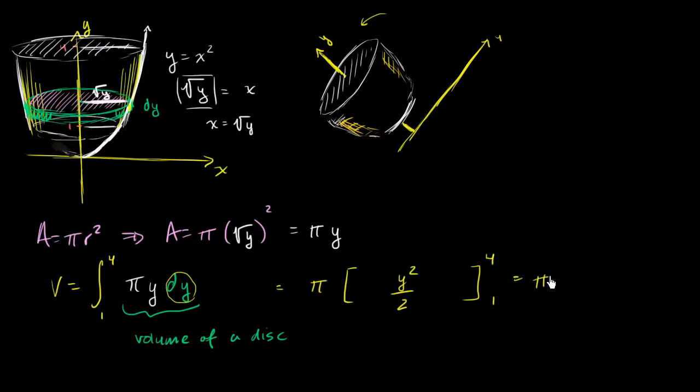Which is equal to pi times, well, you evaluate it at 4, 4 squared over 2 minus 1 squared over 2, which is equal to pi times 16 over 2, which is 8, minus 1 half. And so we could view this as 16 halves minus 1 half, which is equal to 15 halves. So this is equal to 15 halves times pi. Or another way of thinking of it is 7.5 times pi. But this is a little bit clearer.